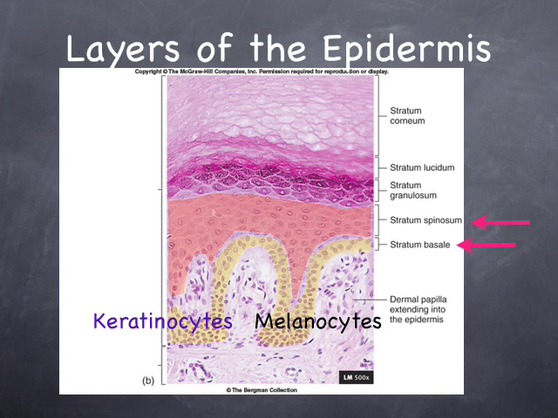All that the stratum basale is, there's never time to grow up because they're just multiplying. These now are starting to grow up. They're starting to ramp up their factories. They're starting to produce keratin. There may be a couple of cells here that might be multiplying still. Sometimes a little remnant of a cell or two may divide still. But most of these cells are now beginning to get their factories up and running to produce keratin.